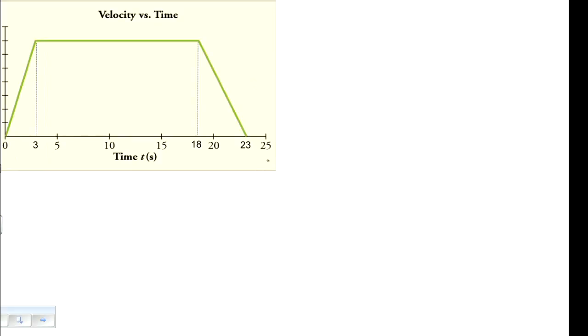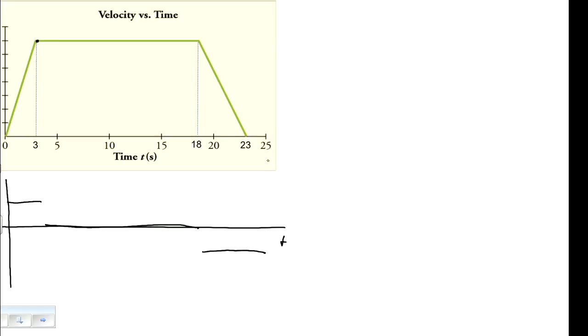And of course, quickly, what else can we do? Well, we can plot the graph for the acceleration, which is very simple. Some positive number, 0, and some negative numbers. How do we find those numbers?